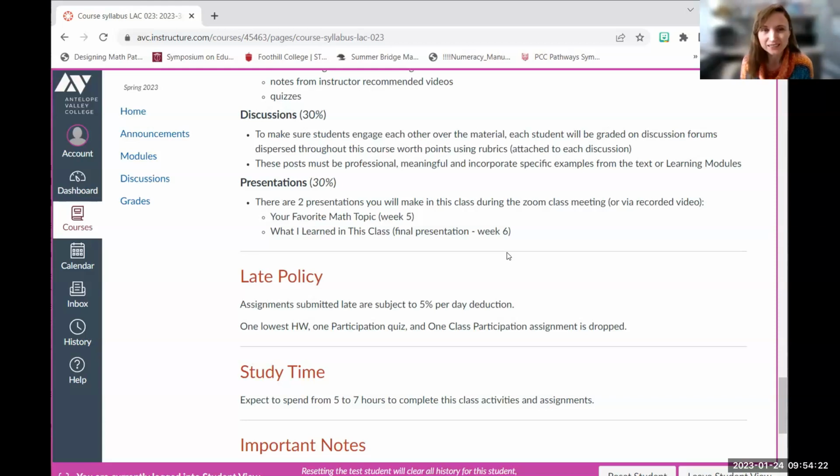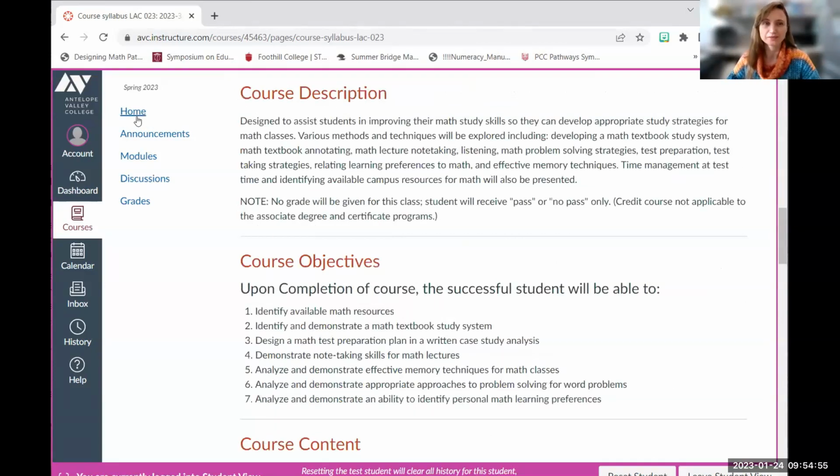And then the last presentation, which we'll do in week 6, is what I learned in this class. So keep your notes together. It's about a 5, 6, 7 slide presentation. In that presentation, you will just put all the information that you found useful in this class and what you learned about it. All right, any questions so far?